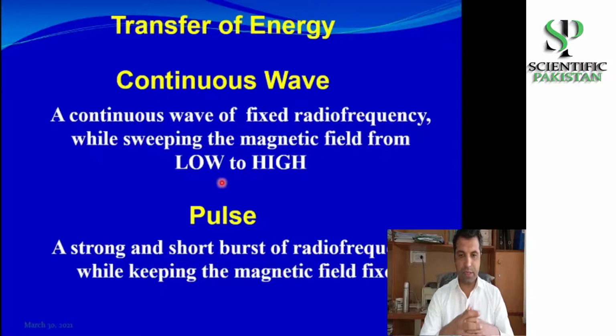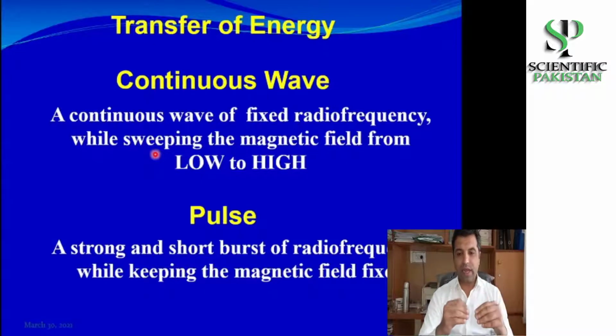In the previously used instruments, a continuous wave of fixed radio frequency was provided to these nuclei, and during this process, the field would be swept from low to high field.